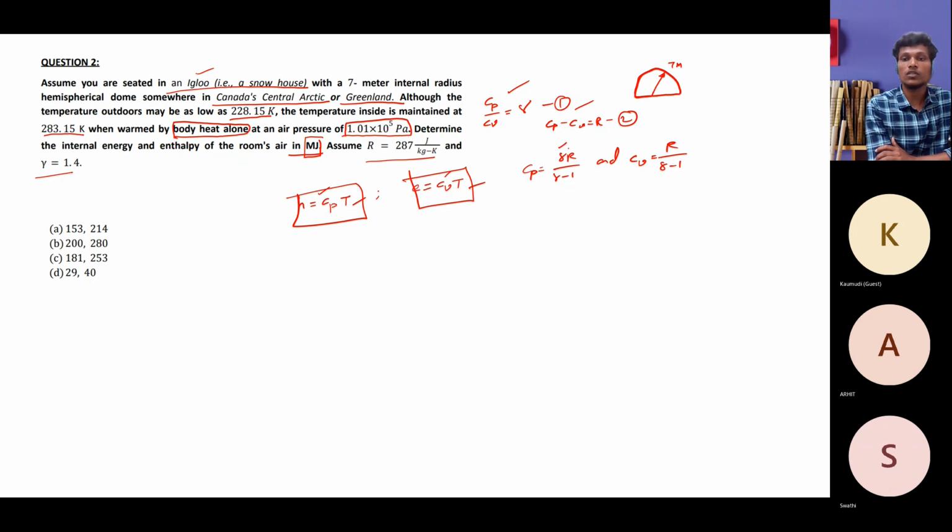All the constants are known values here, so we only need to calculate Cp and Cv.